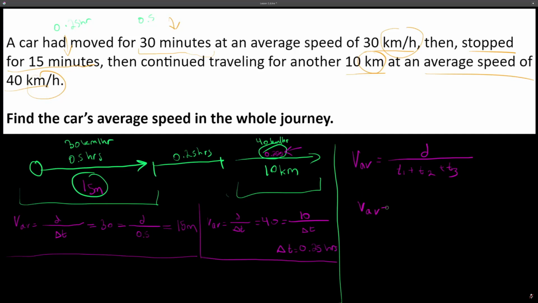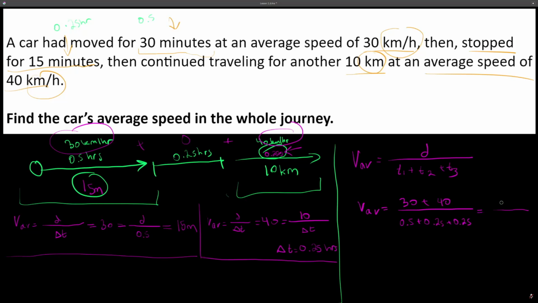So let's substitute the distance: 30 kilometers plus 0 plus 40 kilometers. It's going to be 30 plus 40. And then time, we have it all in hours already, so we just add it: 0.5 hours plus 0.25 plus 0.25.